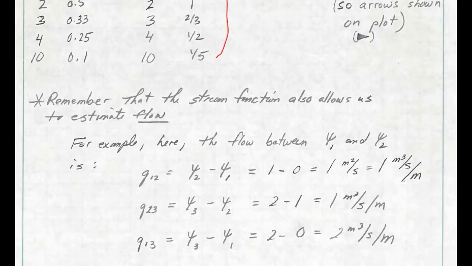So remember one of the neat things about a stream function is that if you subtract one from the next one over, or even two over, you can get the flow that's happening between those streamlines. So for example, the flow Q between 1 and 2 is the stream function value for 2 minus 1, and that's 1 minus 0, or 1 meter squared per second.